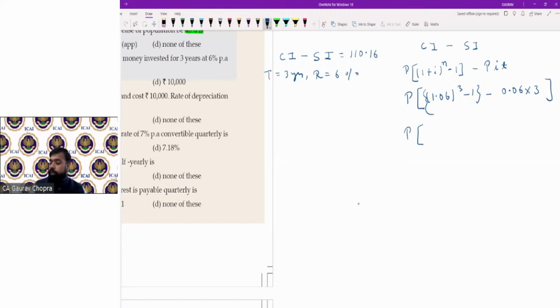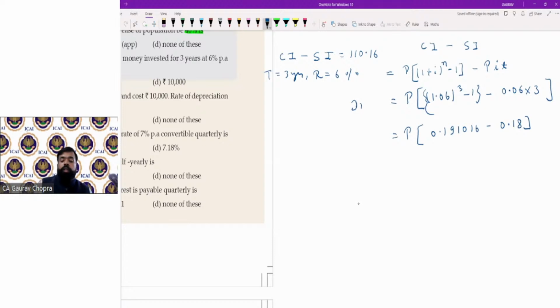Try on calculator. 1.06 power 3 minus 1. You are getting 0.191016 minus 0.18. Okay. So how much you are getting?